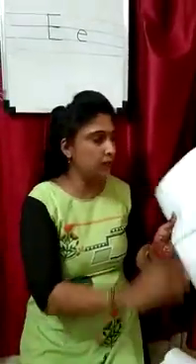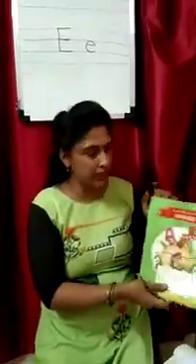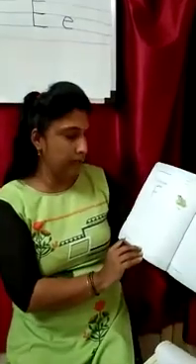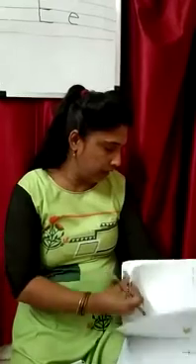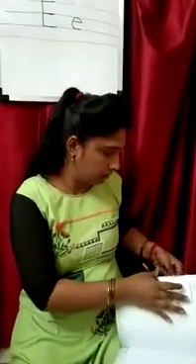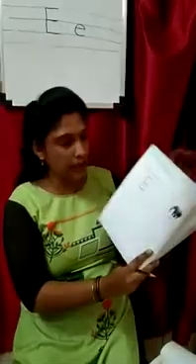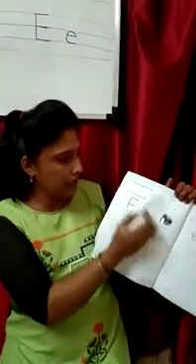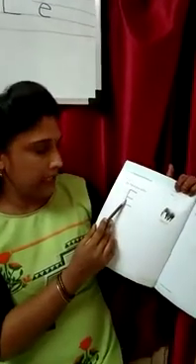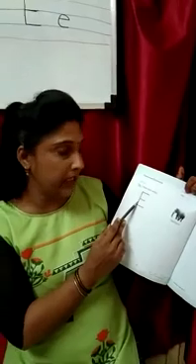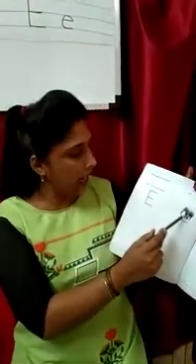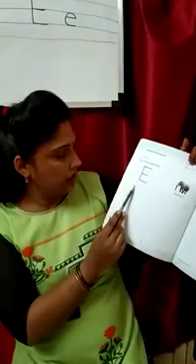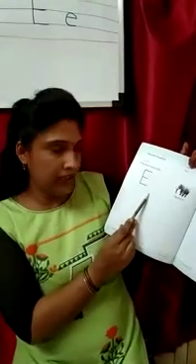Now next is the practice book. See kids, this is your practice book. Page number 20. Homework date. See kids, this is capital E. E for elephant. Here some elephants are for tracing.